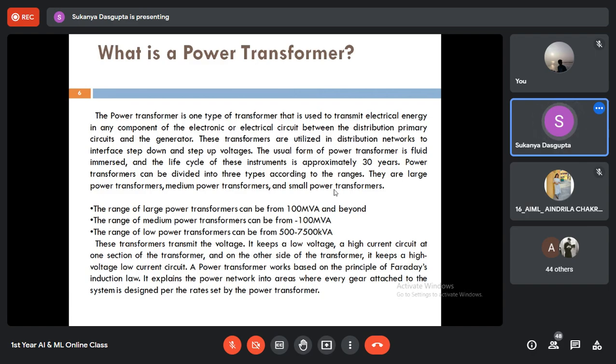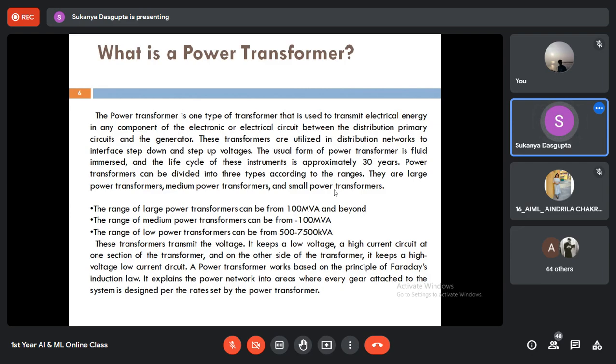So mainly the power transformer is a fluid immersed transformer and can be divided into three basic types depending upon the voltage ranges. They are large power transformers, which can be from 100 MVA and beyond.